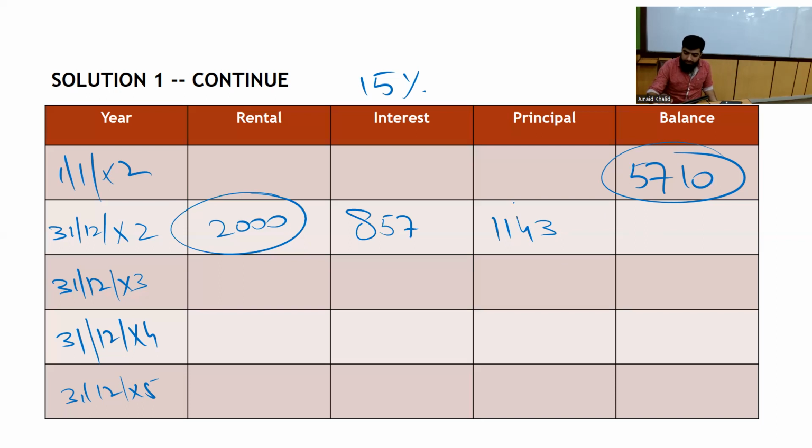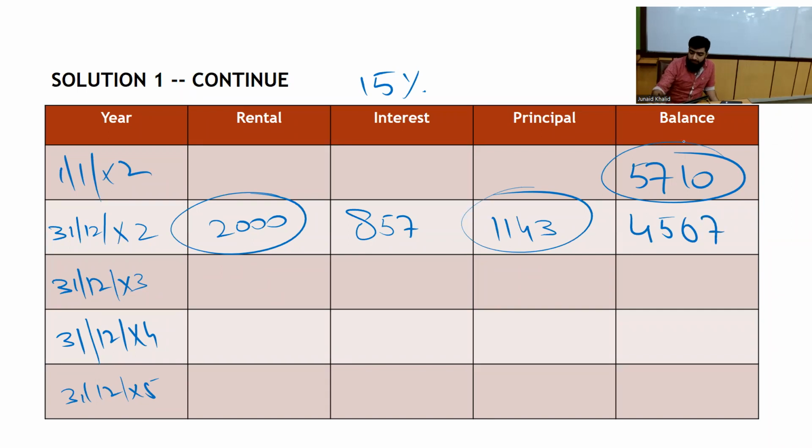Sorry, 1143 is the amount of principal which we have paid to the lessor. So the initial lease liability was 5710, out of which 1143 is paid to the supplier. Now the balance amount is 4567.